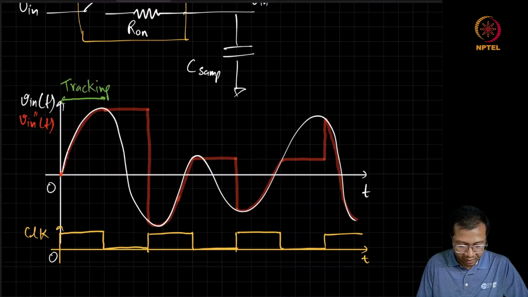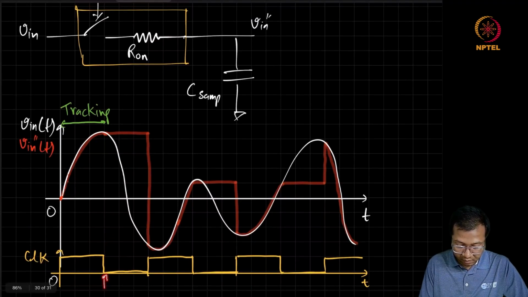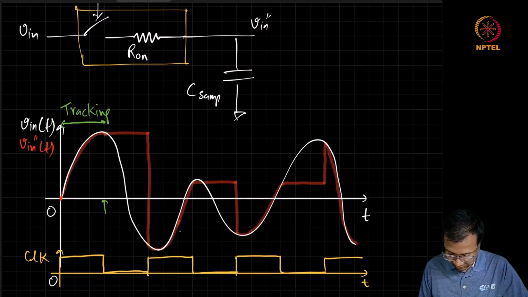And once the signal has been tracked satisfactorily, at this instant, when the switch is turned off, the signal is sampled. This is your sampling instant. So every negative edge of the clock is a sampling instant.